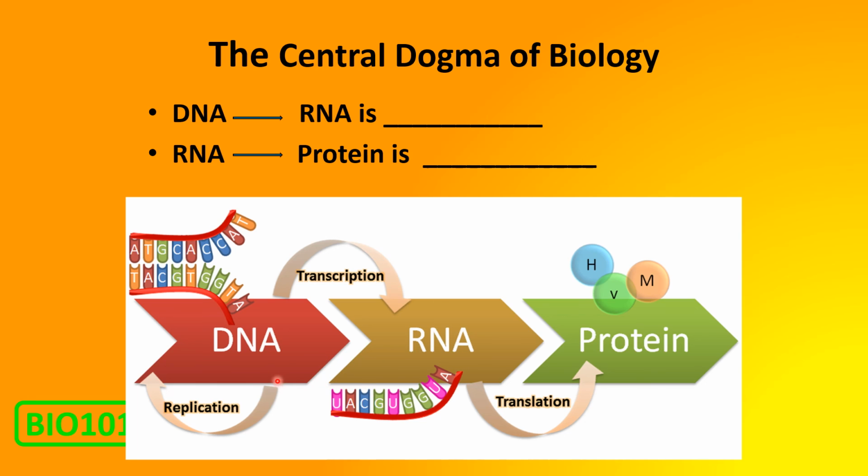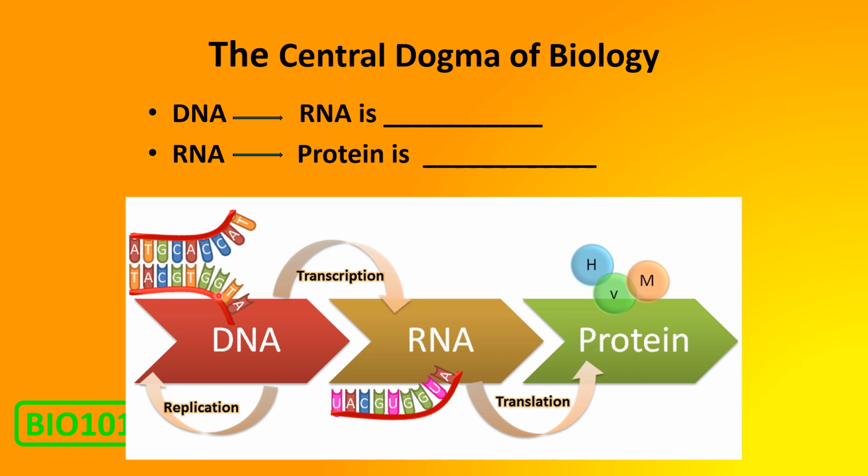RNA is made from DNA by way of the process we call transcription. So we transcribe RNA, specifically it's called messenger RNA, or the message. We transcribe the RNA message from DNA. This just shows you that DNA is double-stranded.